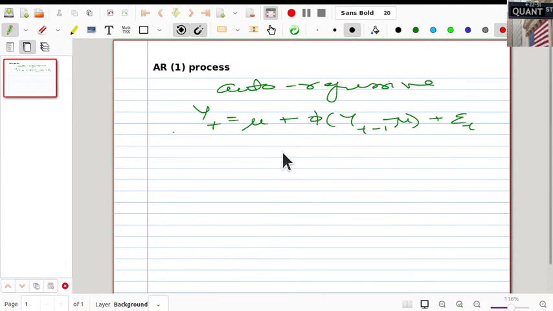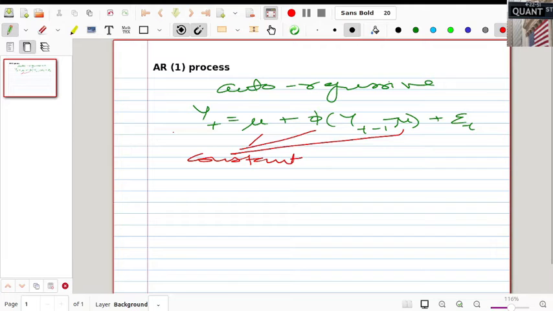So let's try to break down the various components. As I said, mu and phi are constants. Yt minus 1 is the one-time-period previous value of the yt process, and that's the reason why we use this term 1 over here.